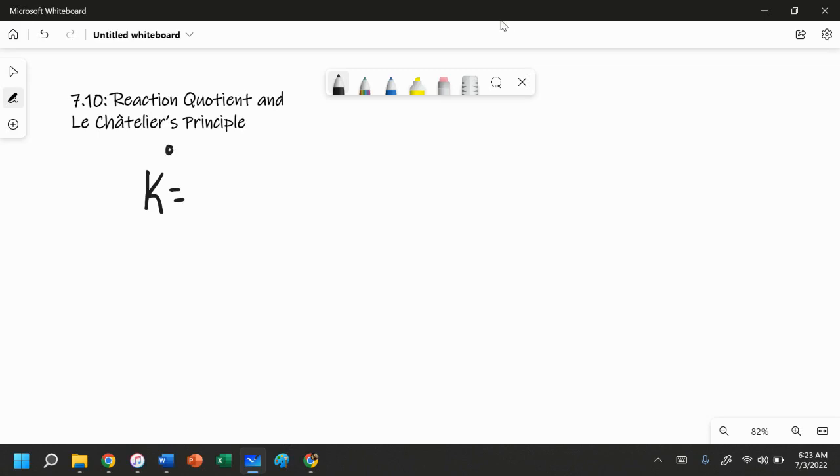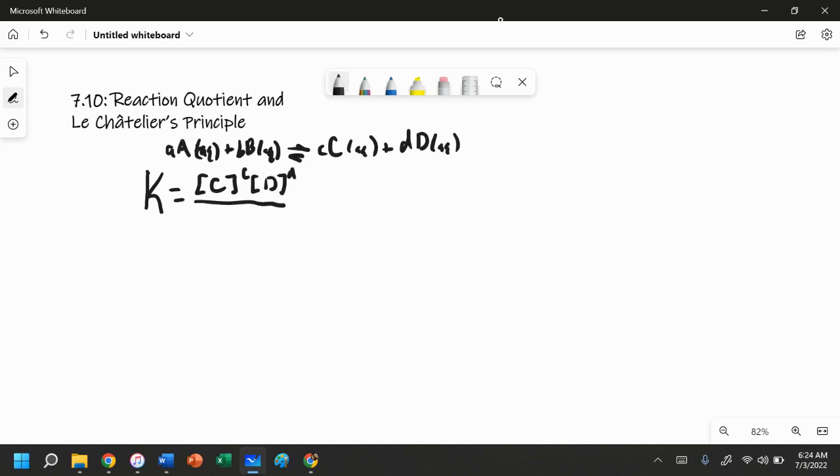And so if we have a reaction, substance A plus substance B, and these two substances react and set up an equilibrium to form substance C and substance D in solution, then the ratio of the concentrations of the products raised to their coefficient powers divided by the product of the concentrations of the reactants raised to their coefficient powers is equal to the equilibrium constant.